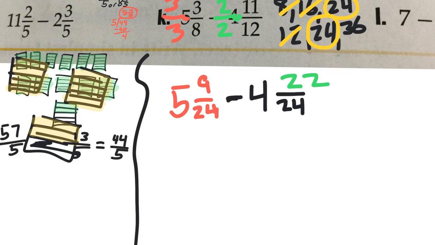So I've got 120. 5 times 24 is 120, and then 120 plus 9 is 129 over 24. Then subtract, and then 4 times 24.